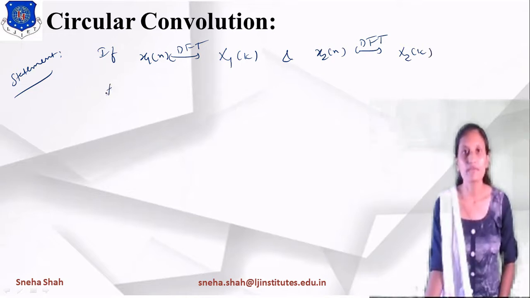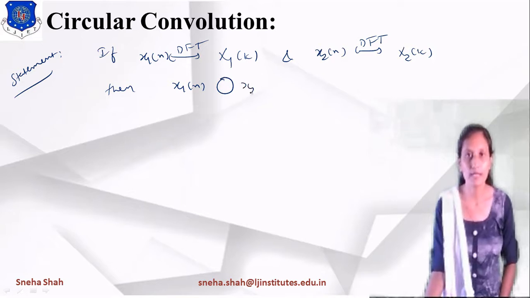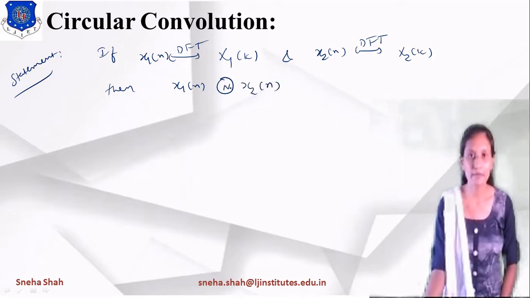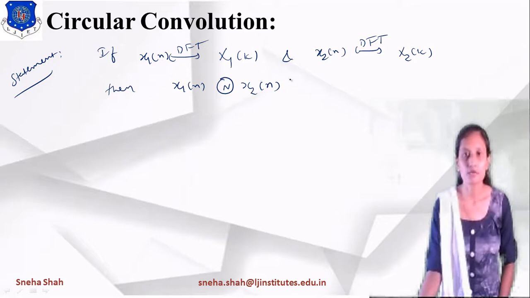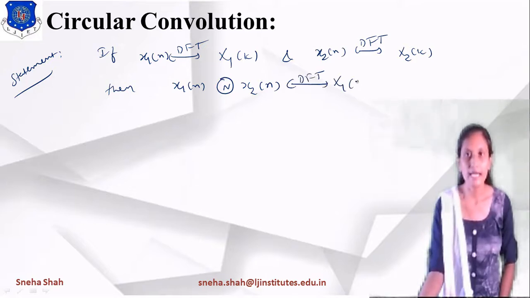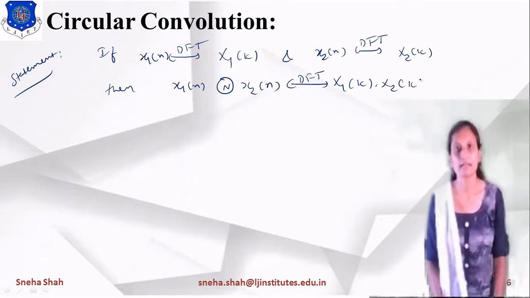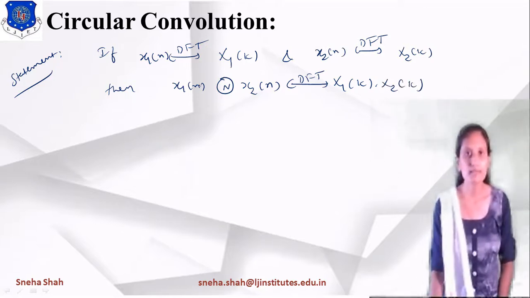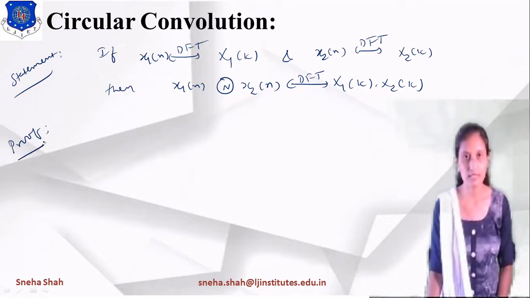Then if we take x1 of n circular convolution with x2 of n, represented as n point circular convolution, and find the DFT of it, the value will be x1 of k into x2 of k, right? Now if we want to prove this property, we start with the equation of convolution.